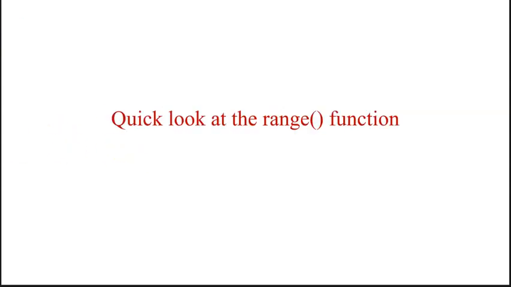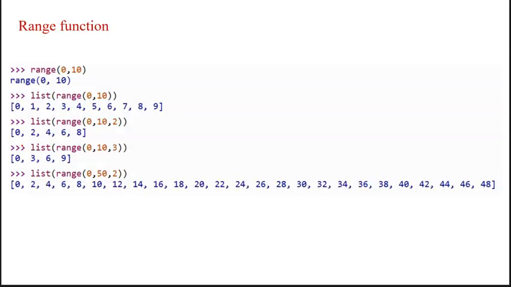Before looking at the for loop in Python, let's quickly look at the range function, because it's used a lot when we look at loops. It's a very important function in Python. If you want to print a sequence of numbers in Python, you can use the range function.